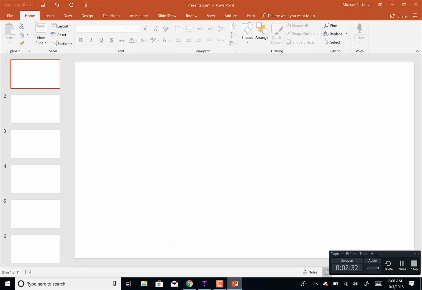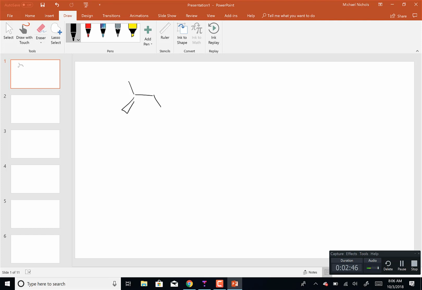Okay, all right, so one of the first things we have to do when we're talking about acyclic alkanes is we have to be able to take what's called a sawhorse projection, and we have to be able to imagine ourselves over here looking down the carbon-carbon bond, and then writing that as what we call a Newman projection.